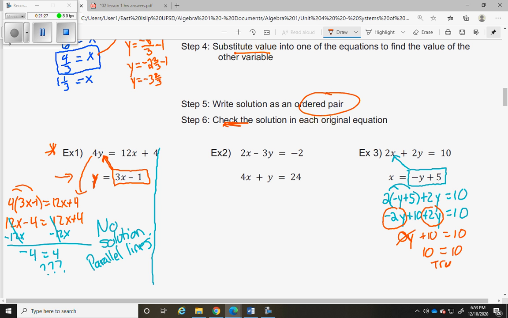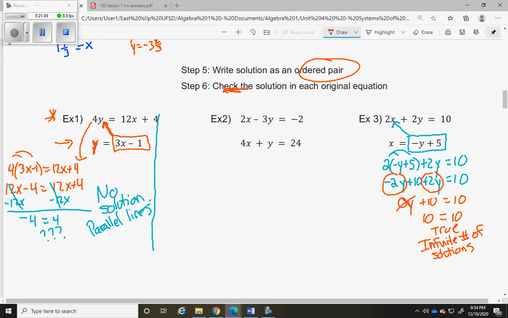Oh yeah, that's true. But what the heck is x? Remember, when your variables seem to go away and you're left with a true statement, this means that there's an infinite number of solutions. Remember what a graph of an infinite number of solutions looks like.